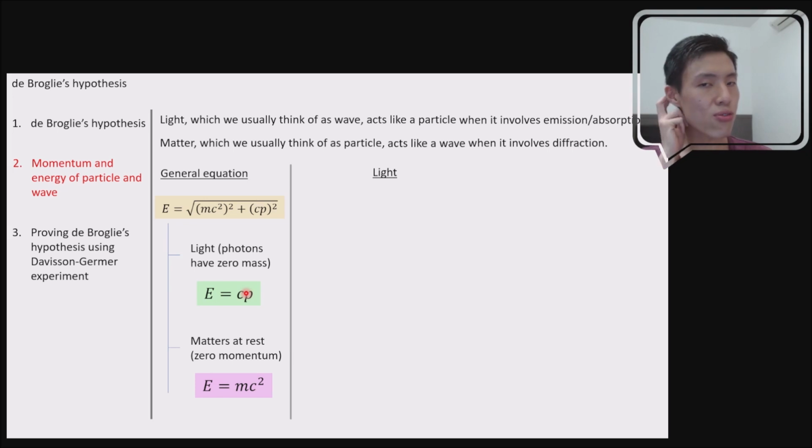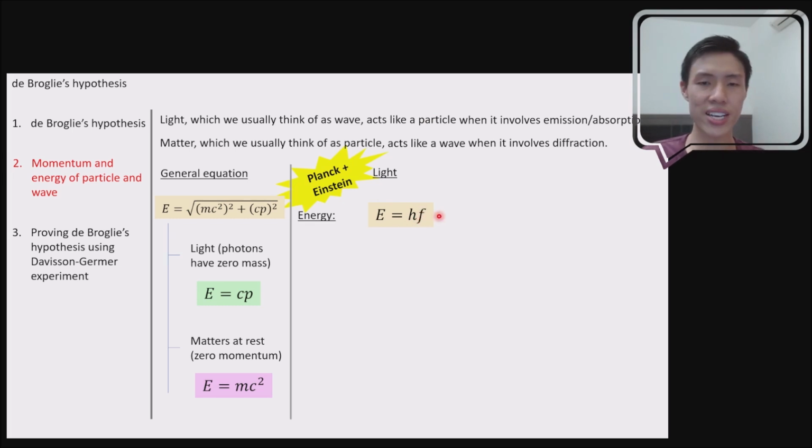Okay, so now let's focus on light, which usually behaves like a wave, but when it involves emission and absorption, it behaves like a particle. We know that the energy of light, according to what Planck and also Einstein have said, is E is equal to hf, because that is the quantization of light.